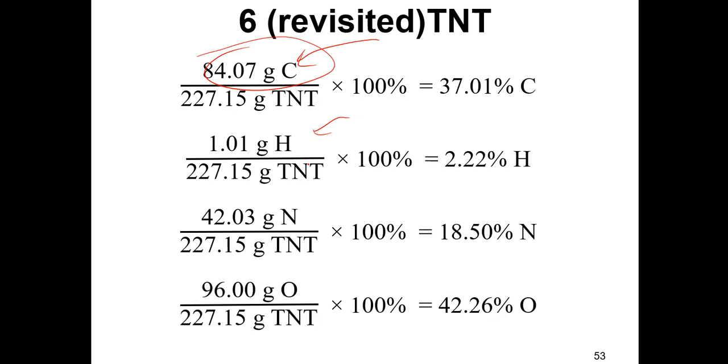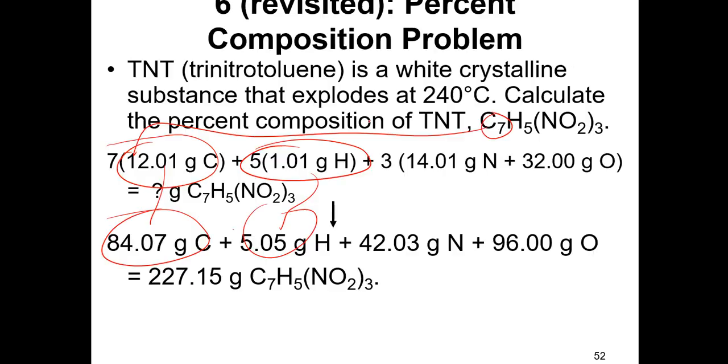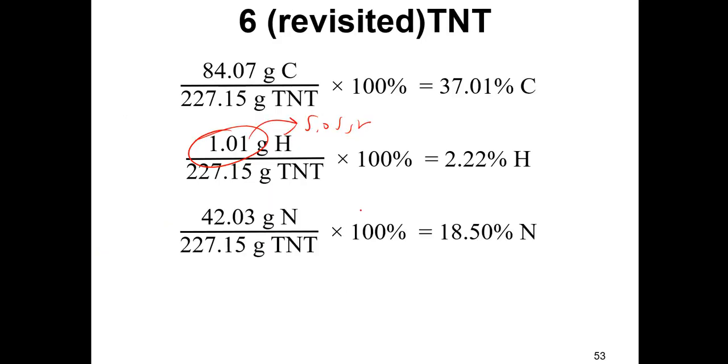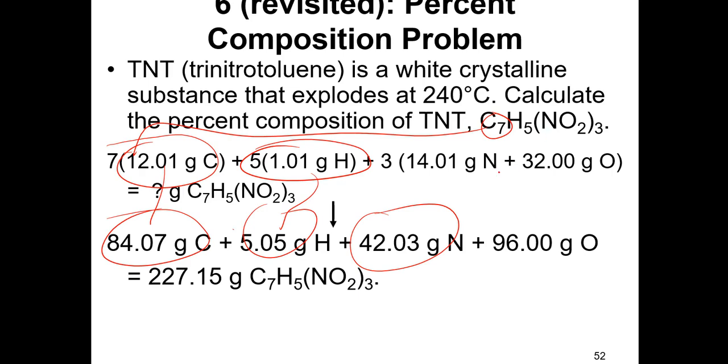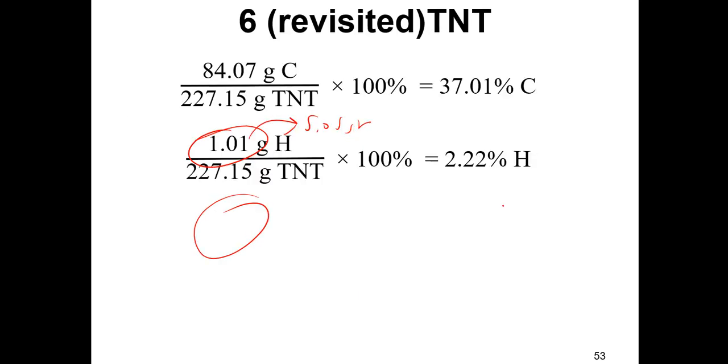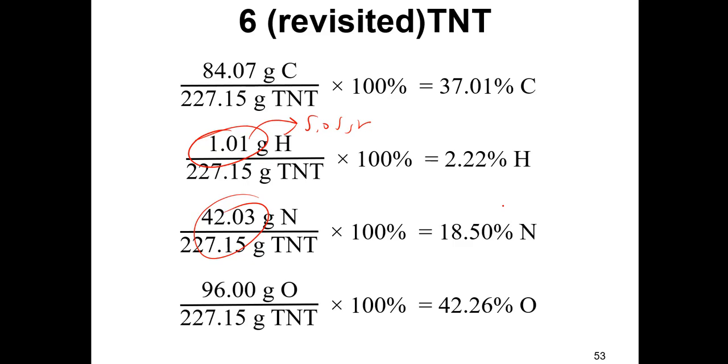And so that one, there is a mistake. Awkward. So this one over here should be 5.05 grams of hydrogen. I'll have to change that one. And then 42.03 for the next one. And then 96 for the last one.